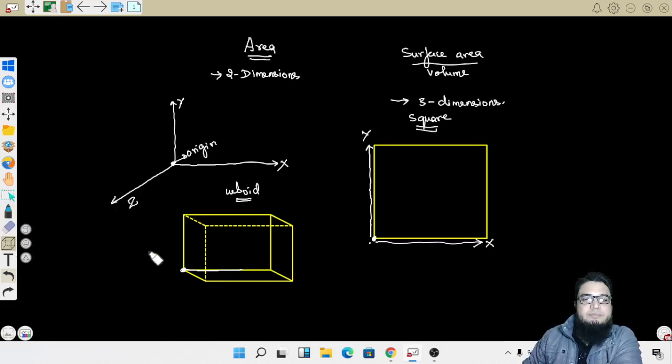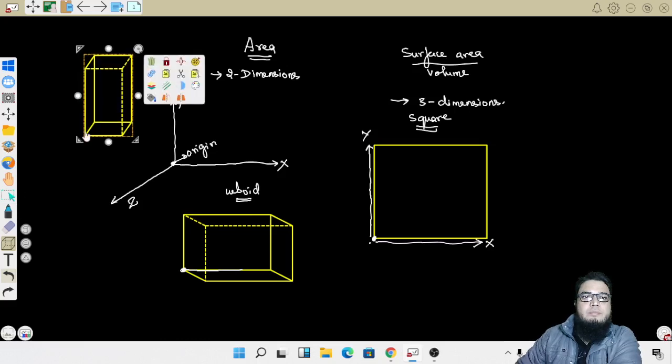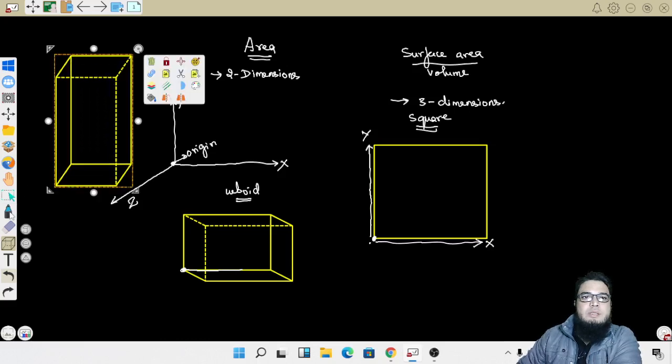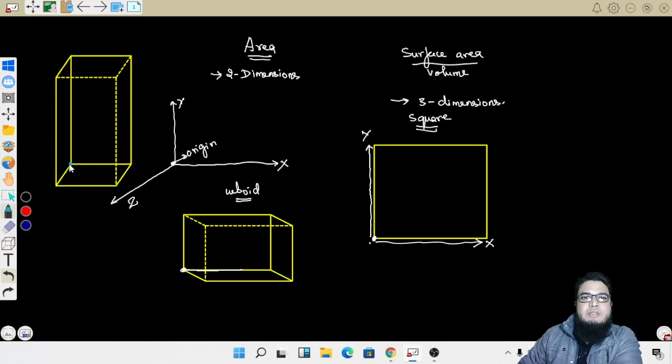Wait a second. So that you can visualize according to this only. So if we take this as an origin, this side is in the x-axis, this side lies in the y-axis, and this side has got the z-axis.